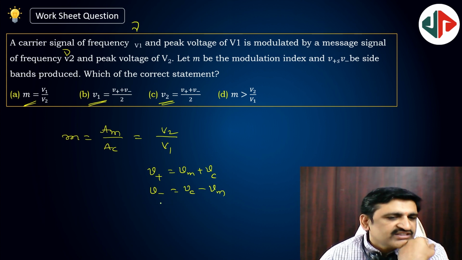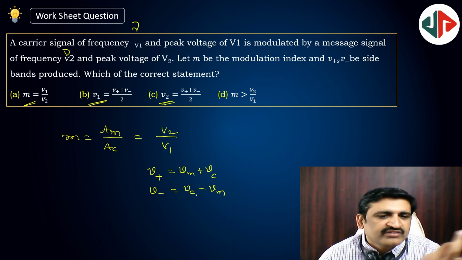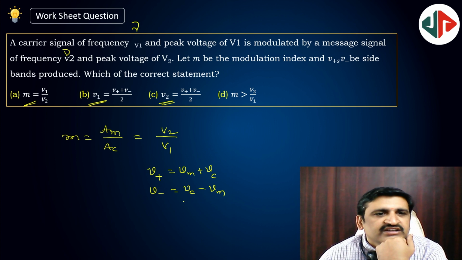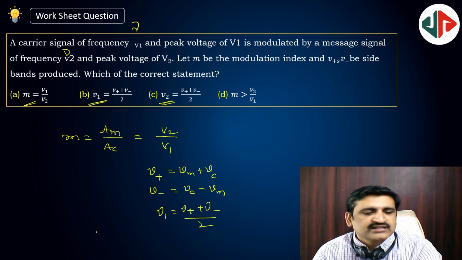If you add these two, then carrier by 2 will come, that is, the carrier frequency. Carrier frequency is nu 1. So nu 1 is equal to nu plus plus nu minus by 2. So the carrier will come. That means option B is correct.